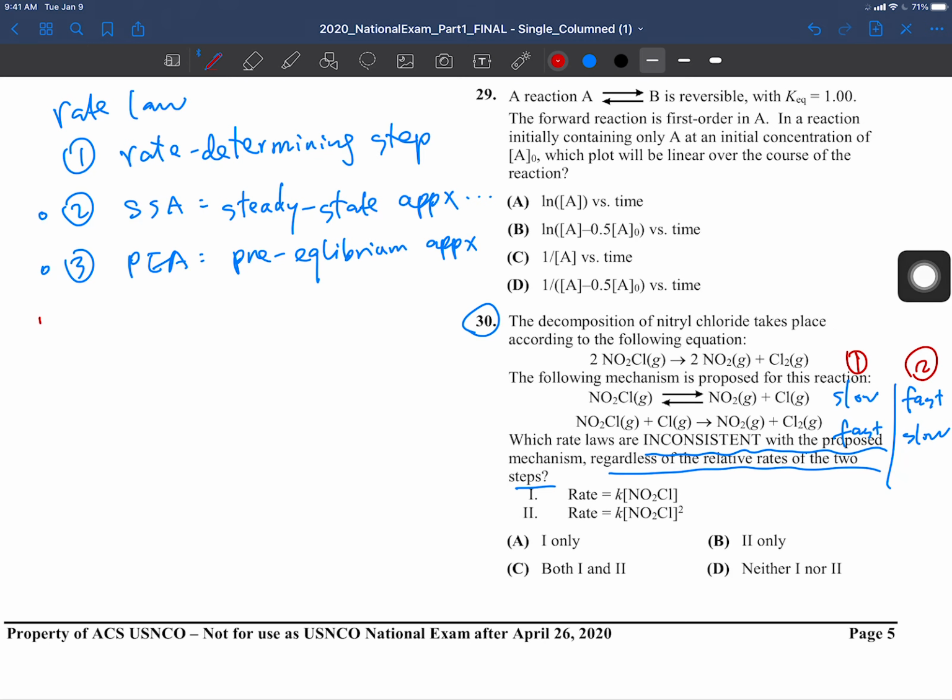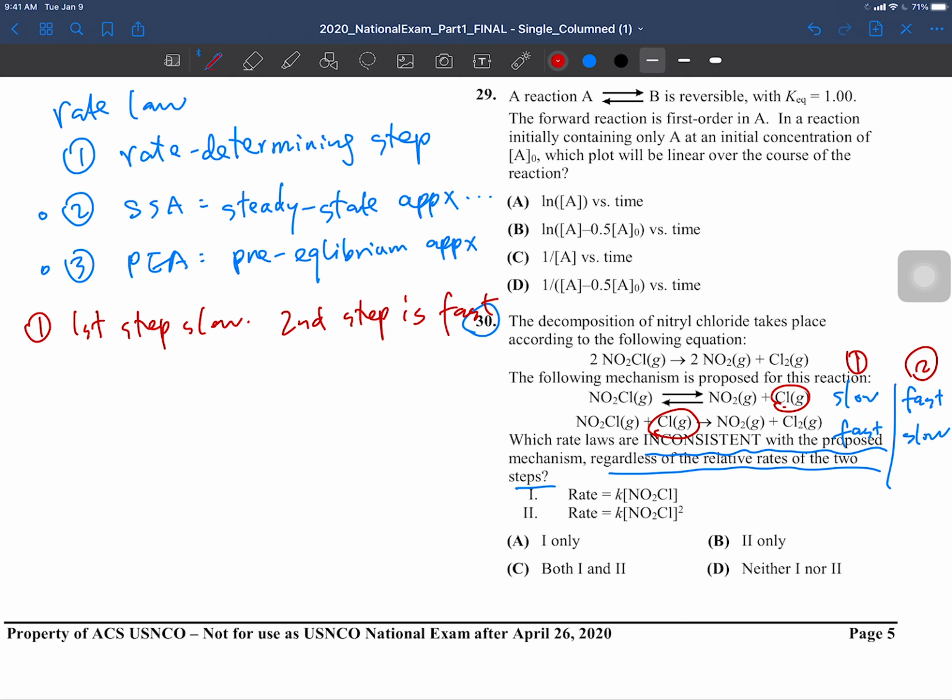So now say first, the first step is slow, the second step is fast. If this is the case, what kind of assumption can we make about the intermediate? We always focus on the intermediate, which means the production of the chlorine atom is very slow, but its consumption is very fast. So we will say the concentration of chlorine atom will remain at a very low value.